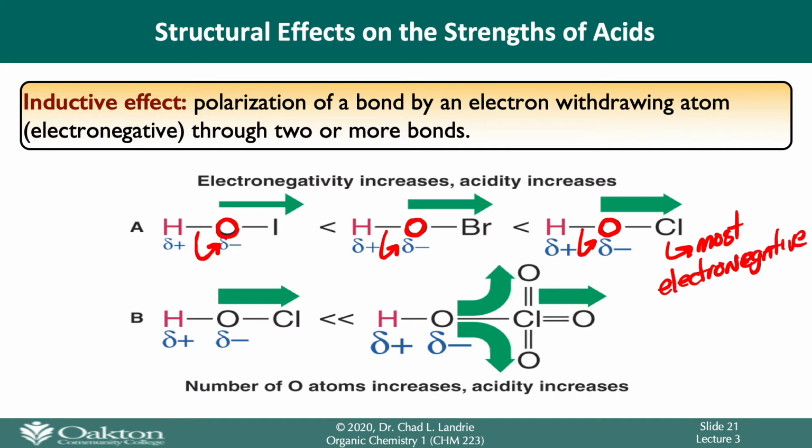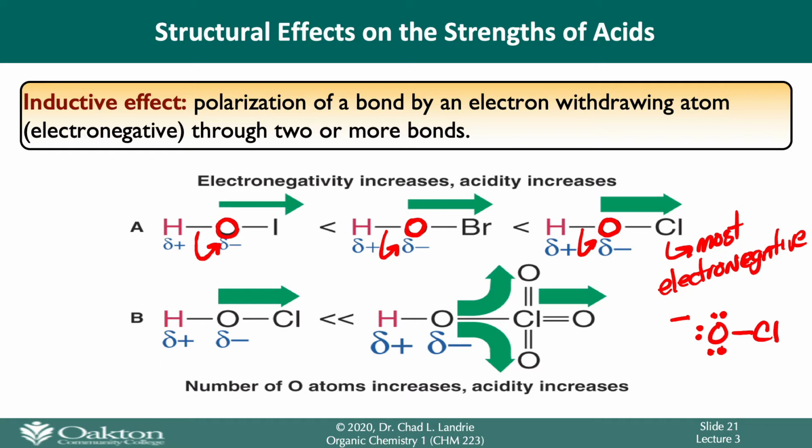What that means is, if we draw the conjugate base, and I'll do that for just the far right-hand example, in all cases we're going to end up with an oxygen with a negative charge. But because chlorine is electronegative, it can actually pull that negative charge towards itself, and try to distribute or spread out the electron density that's on oxygen.